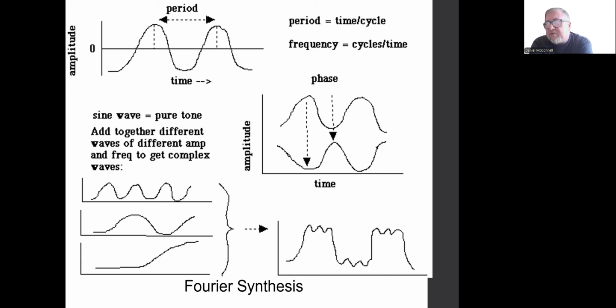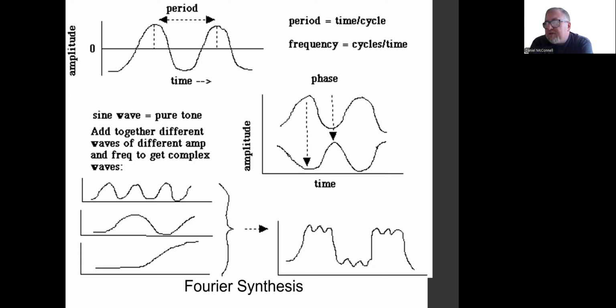So I have an example at the bottom, very crudely drawn, I guess, but what we can see there on the bottom left are three different pure tones. The one on the top would be a high frequency tone because the peaks are repeating themselves much more often than the one in the middle, which is a medium frequency. And then we have a lower frequency where we only have 1.5 of a waveform in that little window of time.